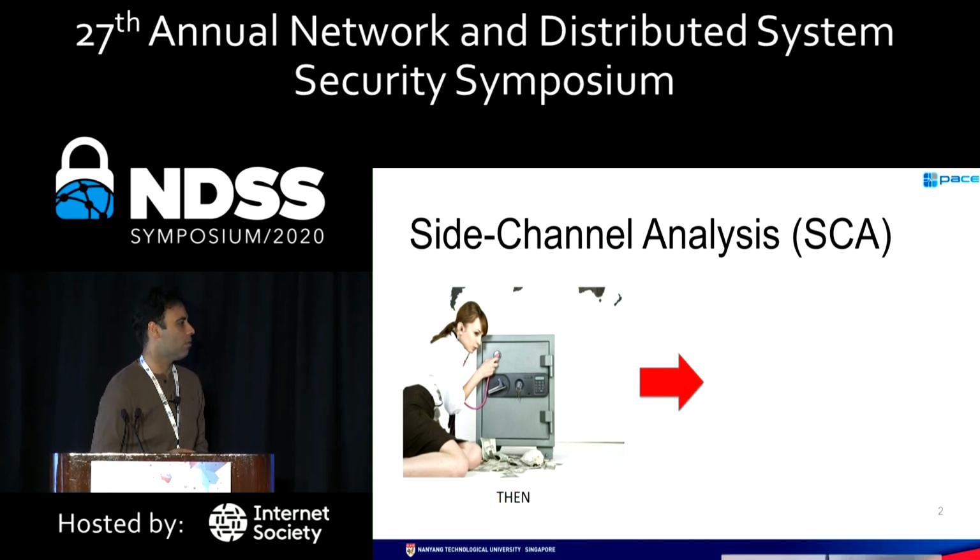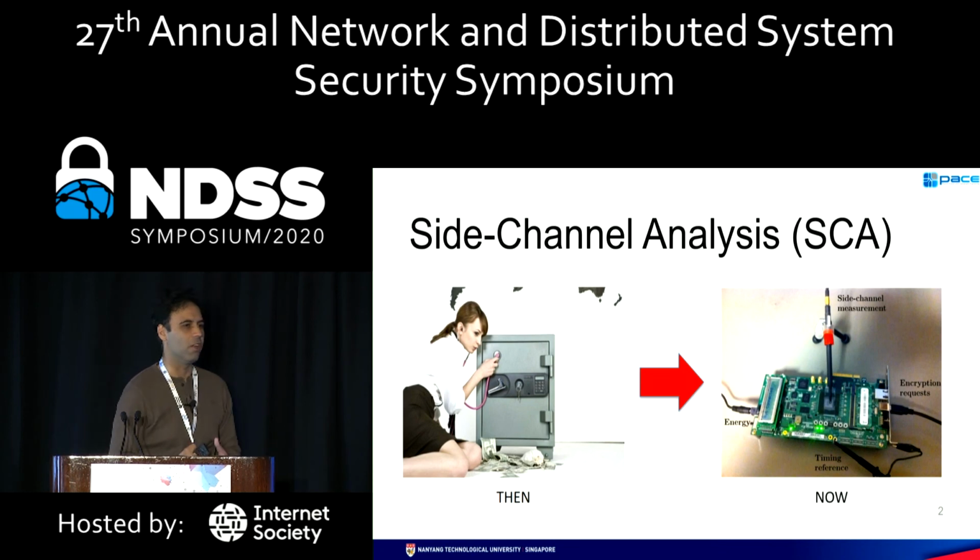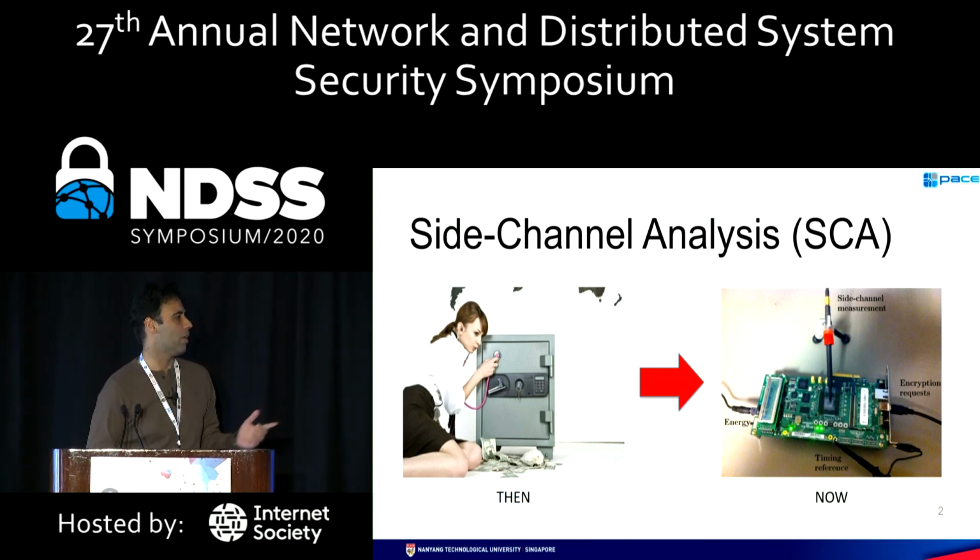And this is what we are currently doing on an embedded device, where we are measuring physical traits from a small embedded chip computing a cryptographic algorithm, and trying to recover the secret key by looking at power consumption, electromagnetic radiations, or other physical parameters.